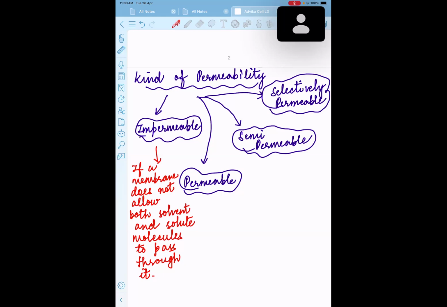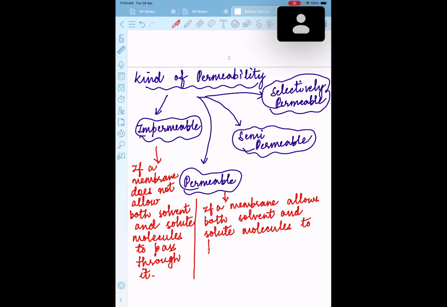Now, in the impermeable case, if a membrane does not allow both solvent and solute molecules, neither will they allow the solvent nor the solute molecules to pass through. They are called impermeable. Second one, the permeable: if a membrane allows both solvent as well as solute molecules to pass through it freely, then we call them permeable.